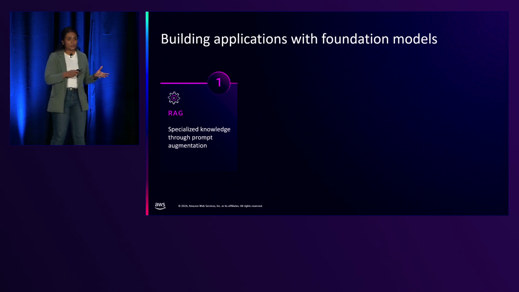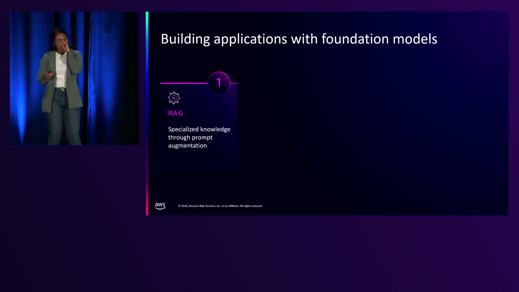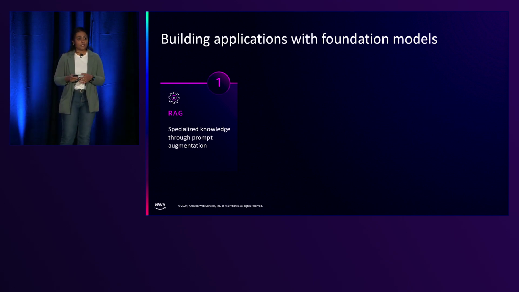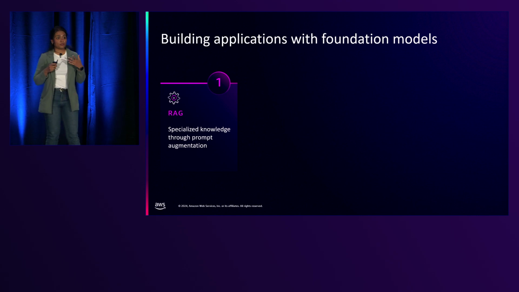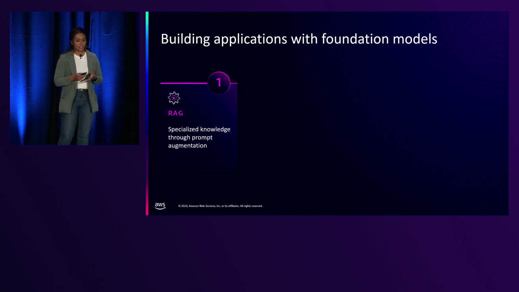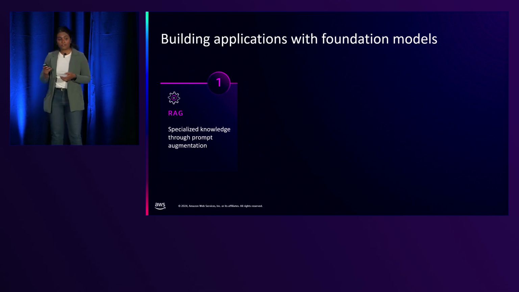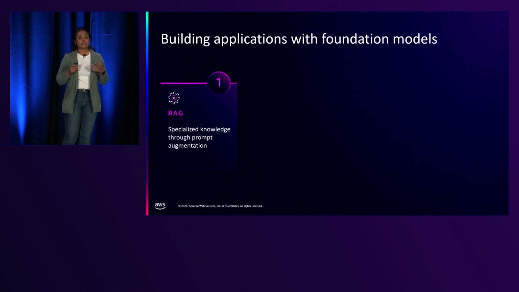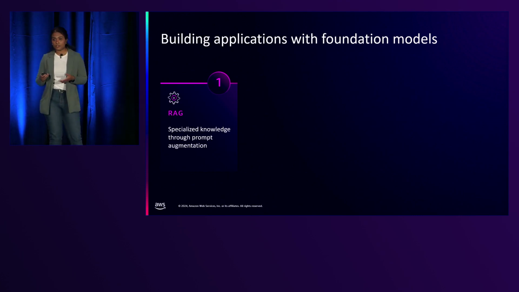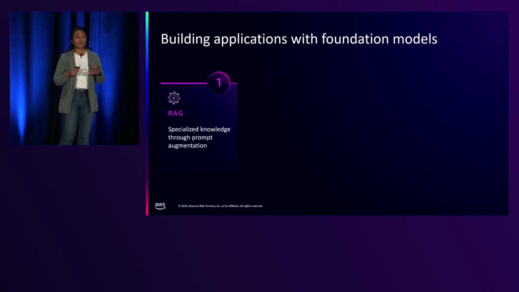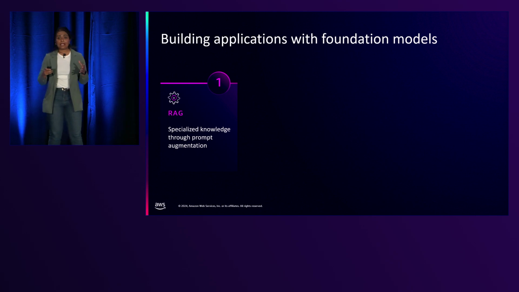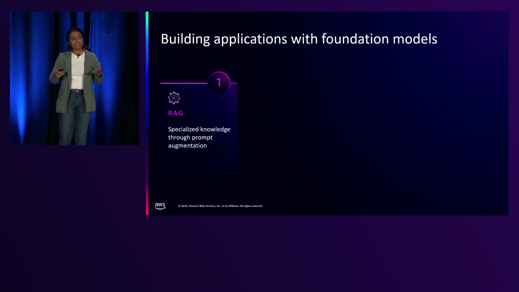One is you can reuse an existing foundation model, or you can choose to train a new one. There's a few different approaches when you choose to reuse an existing foundation model. And we want to talk about the first and the simplest approach, which is Retrieval Augmented Generation, or RAG. Now, with RAG, you're using your organizational data to customize the model's output without needing to retrain it.